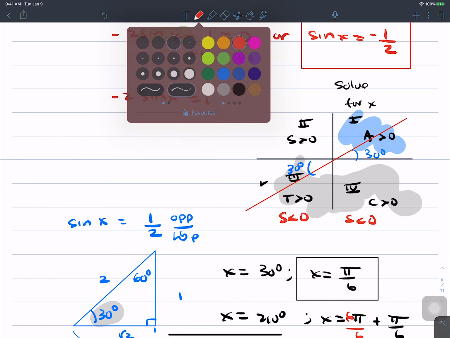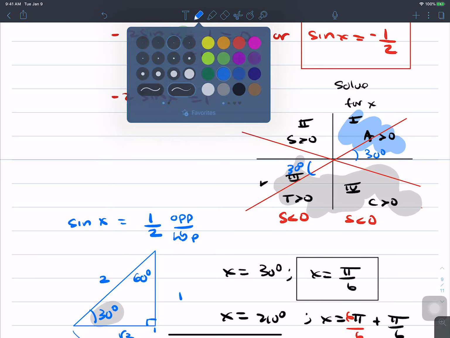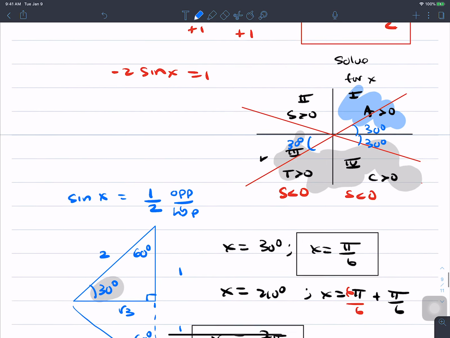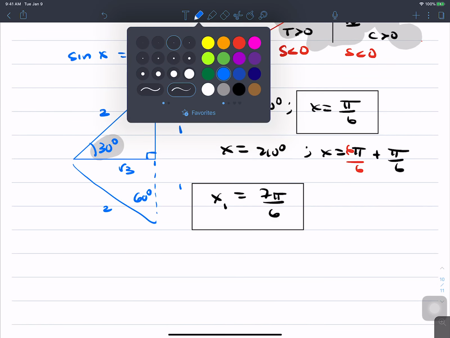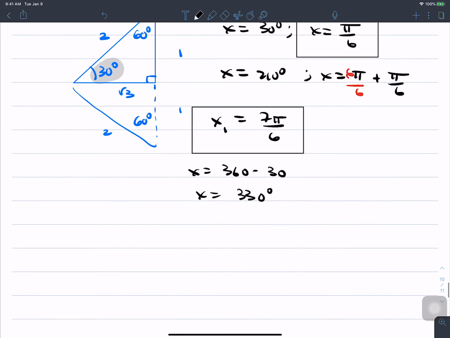So remember, we also have a quadrant 4 angle solution. And if this also measures 30 degrees, 360 minus 30 is the quadrant 4. So x will be 360 minus 30, or x will be 330 degrees. So you can say, is that the same as taking 2 pi minus pi over 6? It is.